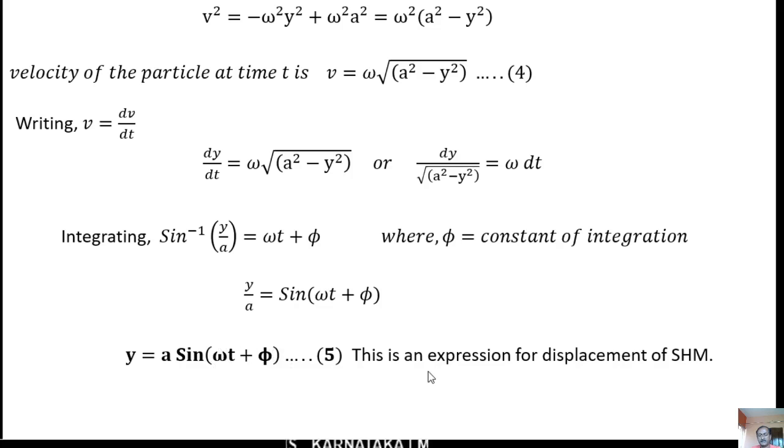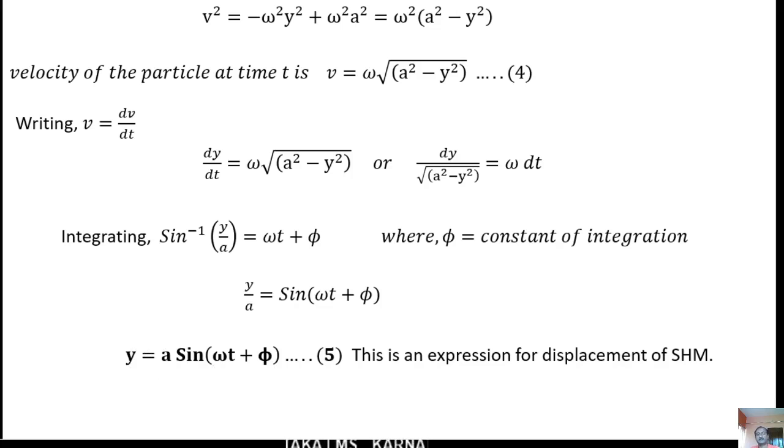This is an expression for displacement of simple harmonic motion. That is the displacement of the particle, which is seen in the first slide of this session, y equals a into sin of omega t plus phi.